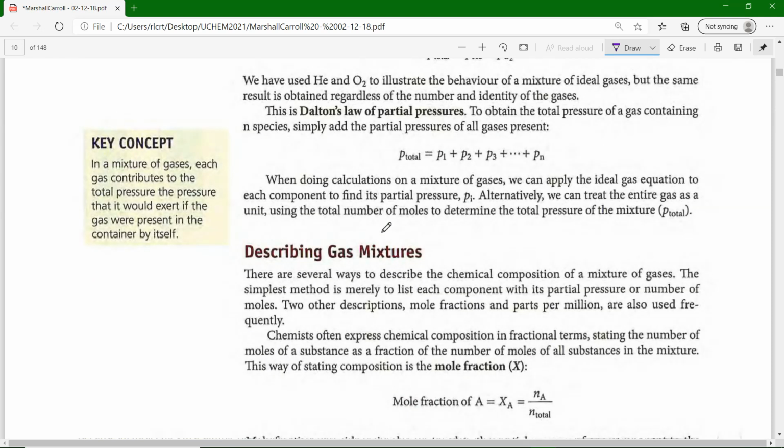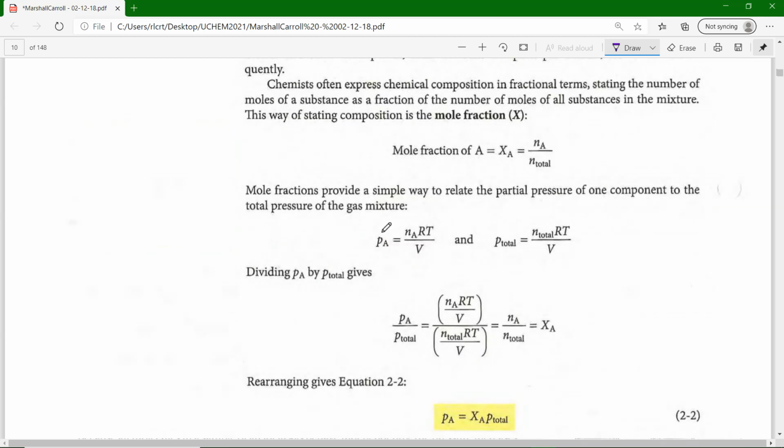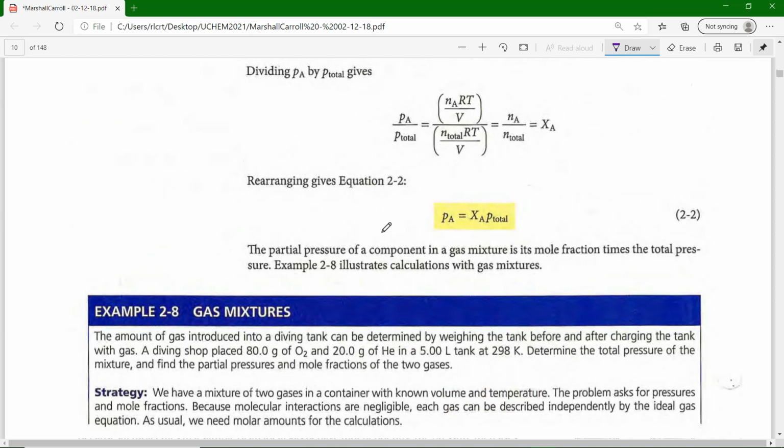So the total pressure is the sum of the partial pressures. Now, here are the mole fractions. It can be shown, you can go through the proof, that the mole fraction of A times the total pressure equals the partial pressure of A. So the partial pressure of B is the mole fraction of B times the total pressure.